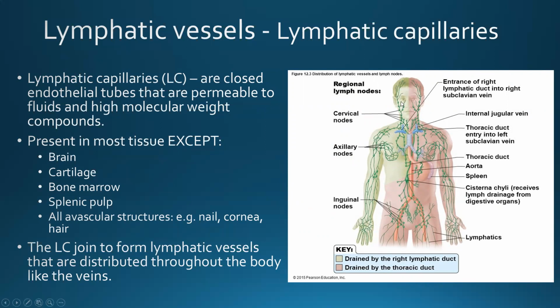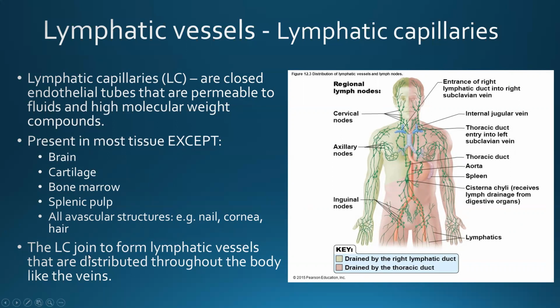They don't have lymphatic capillaries in cartilage, bone marrow, and splenic pulp in the spleen, and they don't have lymphatic capillaries in all the avascular structures. You know what an avascular structure is? The structure that doesn't have any vessels. For example, the nail, the cornea of your eyes, and hair.